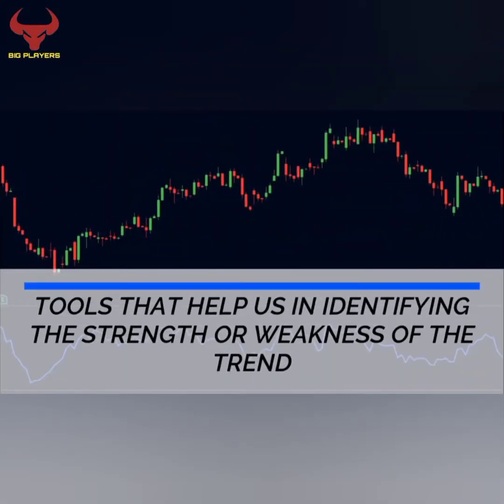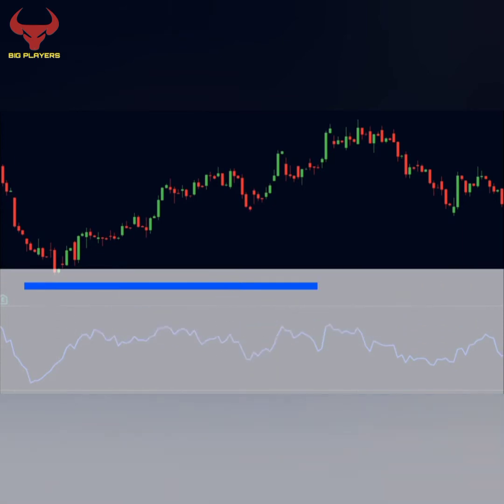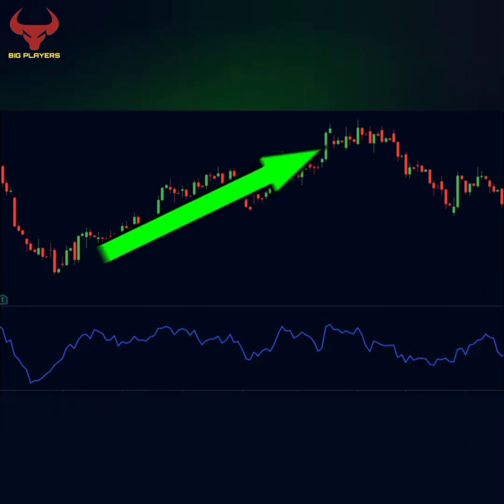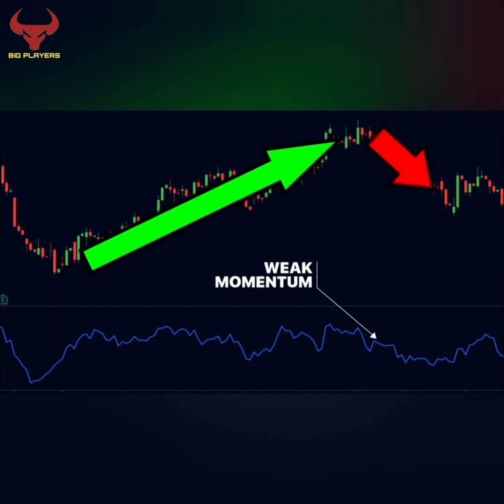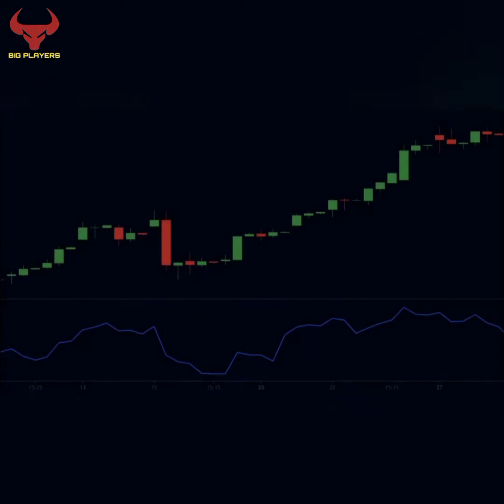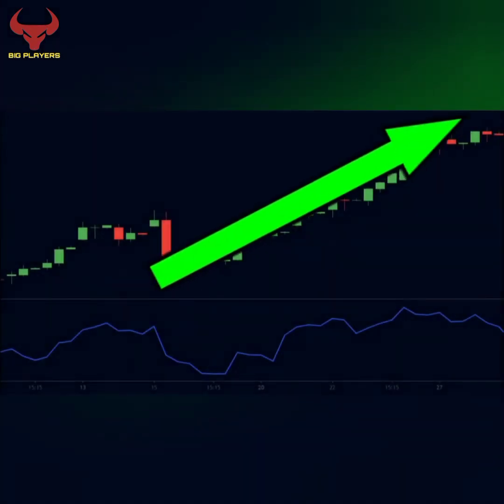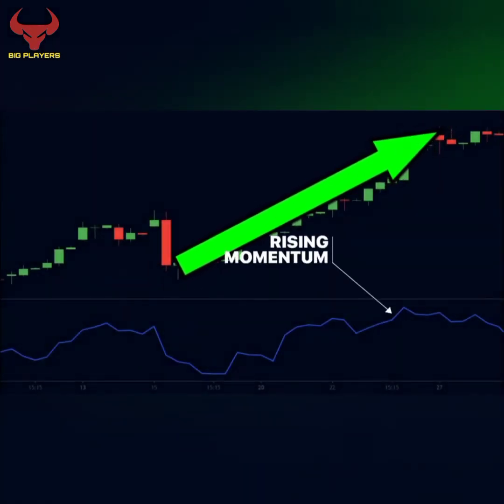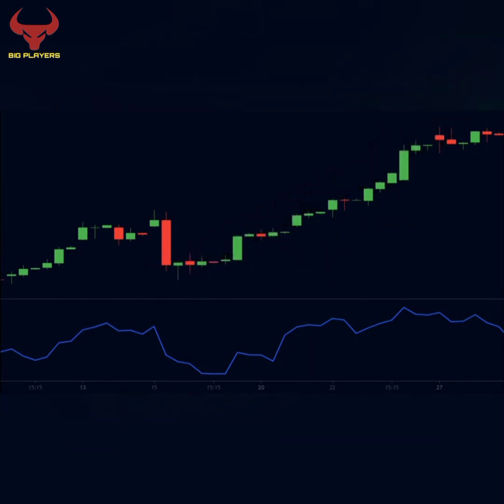Number 2. Momentum indicators. Momentum indicators are tools that help us in identifying the strength or weakness of the trend. If the market is in an uptrend, we will be looking to buy. But if the momentum of the uptrend is weak, the trend could easily reverse. On the other hand, if the market is in an uptrend and the momentum is also rising, we can expect the trend to continue in the near future.